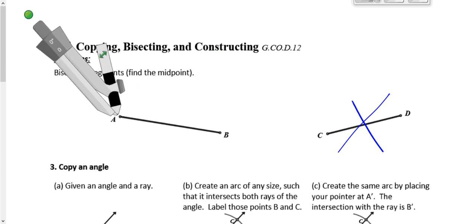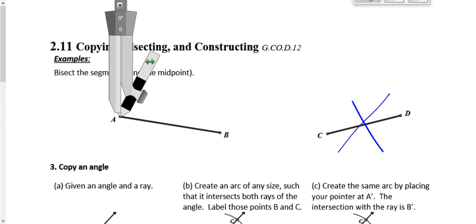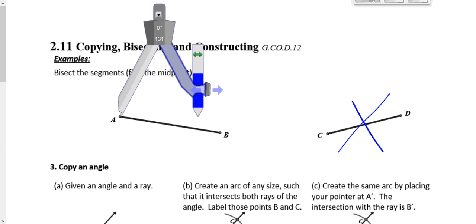You go a little bit over the midpoint, quite a bit past it, I think, is what you want to do. But look, I'm not going to draw the whole arcs anymore, right? Because I know what's going on here.